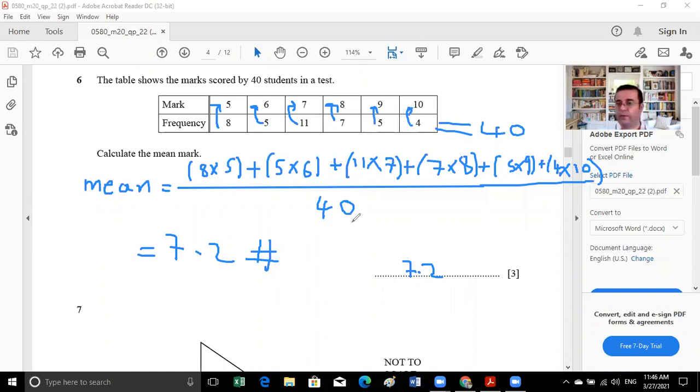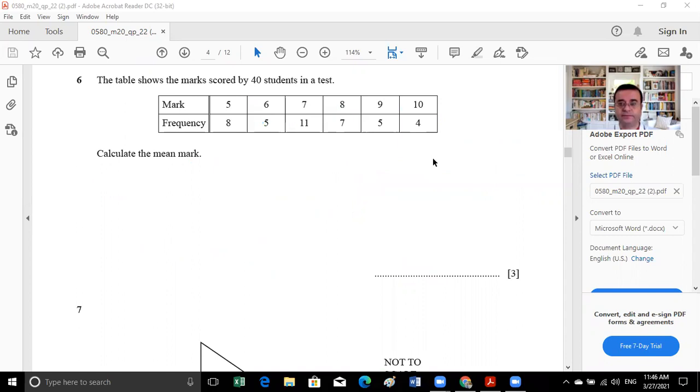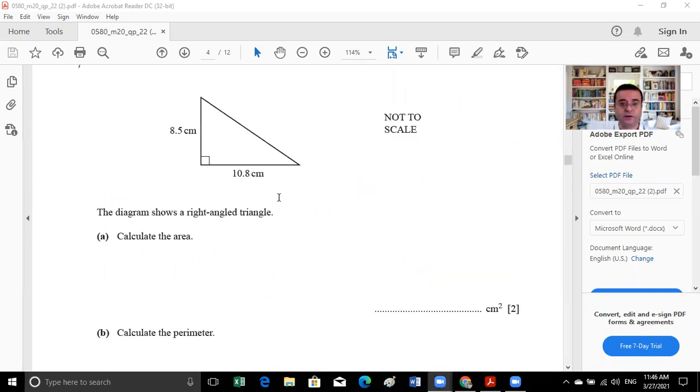Understand? Yes. Very good. Okay, done. Clear? Yes. This one, very easy.